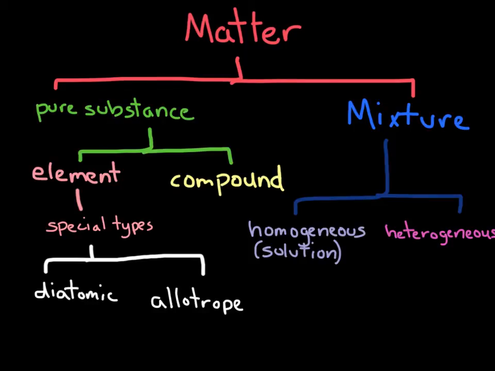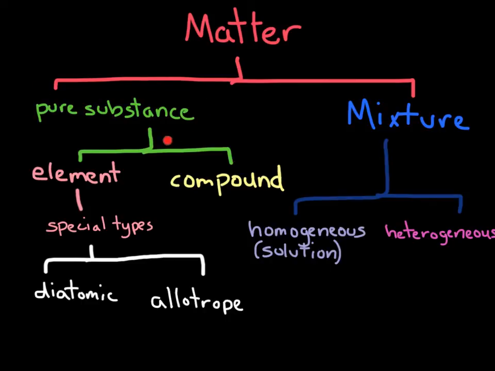I put this slide together so that you have a flow chart in order to be able to classify a sample of matter that you're given. I would really like you to copy this down in your notes so you have it as a quick chart in order to decide how to classify a sample of matter. Let's recap. Matter can be classified as either a pure substance or a mixture.